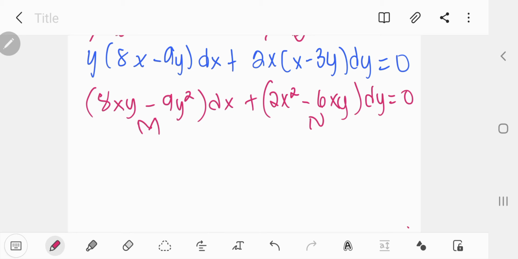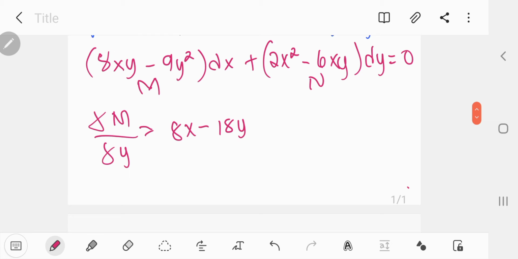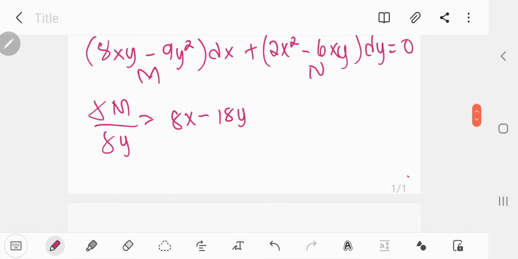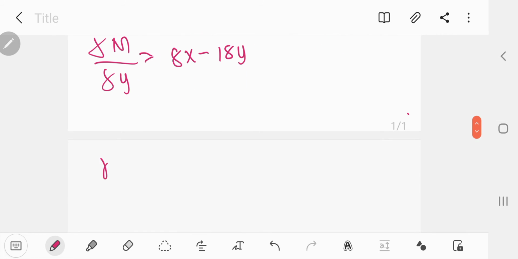Now let us find the partial derivative of M with respect to y. Let us consider every x as constant. So we have 8x minus 18y. And now let us find the partial derivative of N with respect to x.